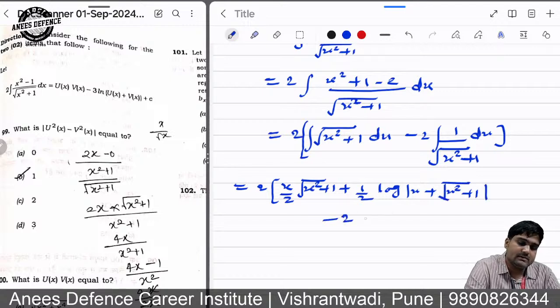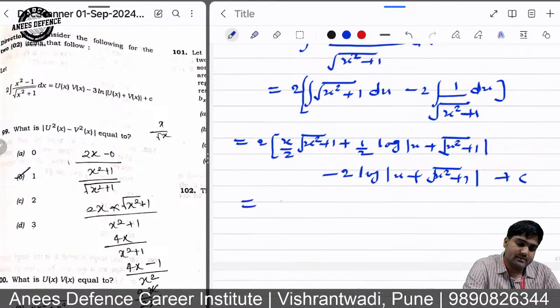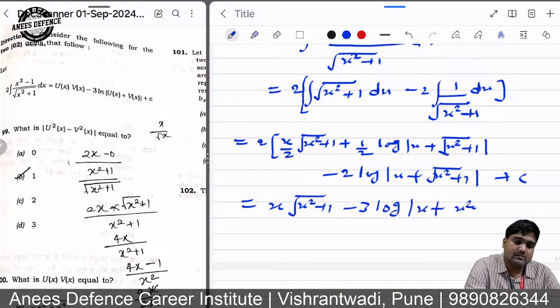Minus 2, and the integral of the second part is 2 times log of x plus root of x square plus 1, plus c. Now multiply 2 in each and every term. So x root of x square plus 1, 2 into 1 by 2 is 1, and it's minus 4. So we can write minus 3 times log of x plus root of x square plus 1 plus c.